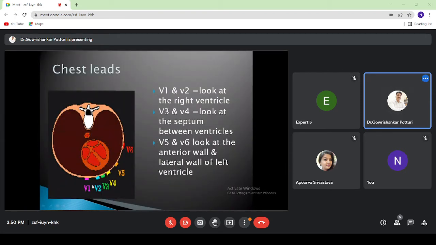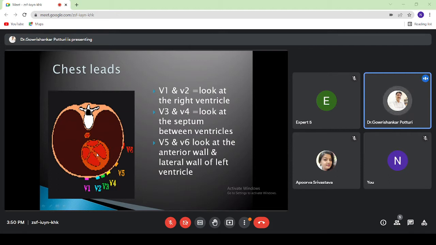Here, if you see the electrodes, V1, V2 are looking towards the right ventricle. Please, this point is very important. Otherwise, you will not understand. Concentrate here. V1, V2 look at the right ventricle.